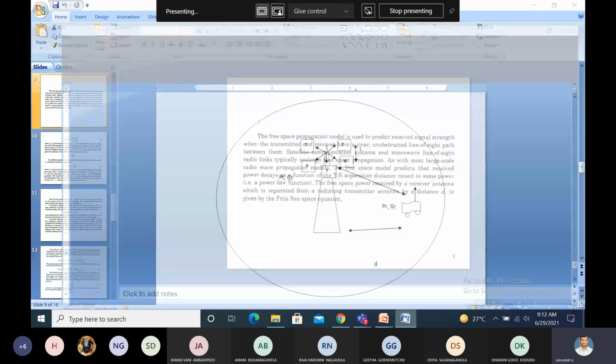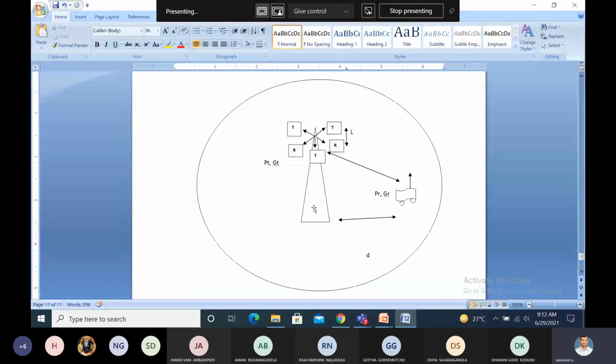This is the base station antenna, this is the coverage radius, and this is the mobile station. The base station has 3 transmitters and 2 receivers. The separation distance between transmitter and receiver is capital L, at the top of the cell phone tower.